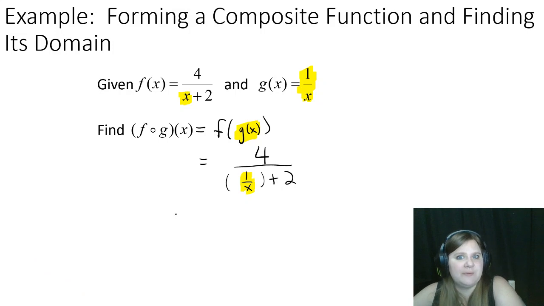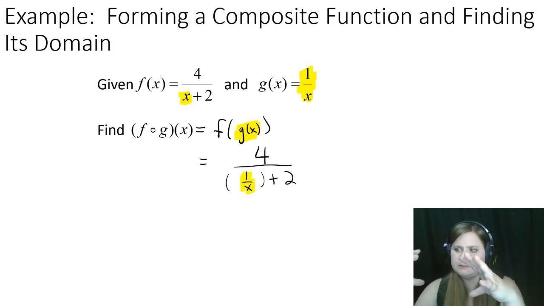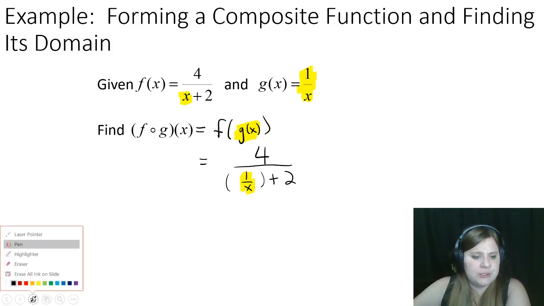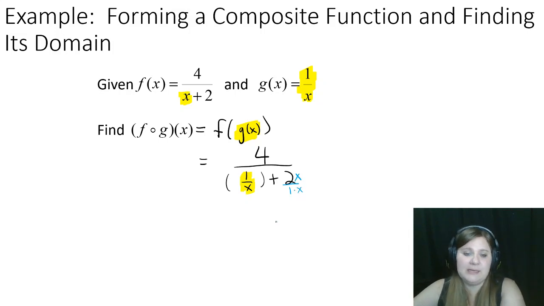Now, we still need to simplify this. We don't like fractions in fractions. Anytime that happens, you want to make sure that you combine things that are fractions in one part. So in this case, in the denominator, I have 1 over x plus 2. I'm going to first of all recognize that 2 has a denominator of 1. So now my common denominator between those two things is x. So I'm going to have to multiply by x on top and bottom for that piece.